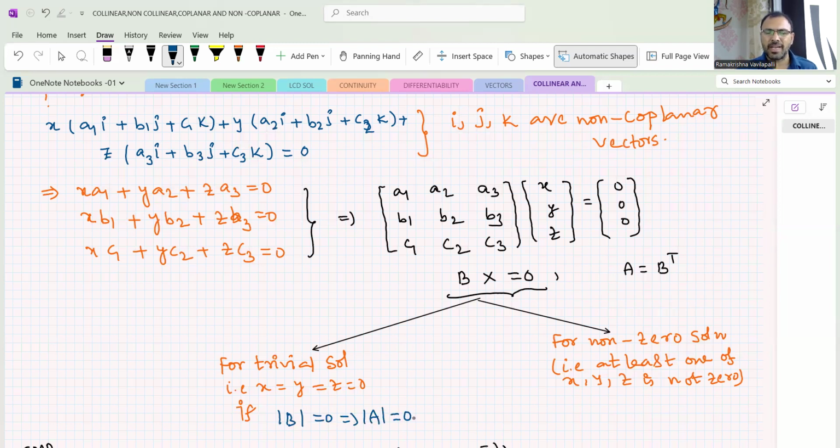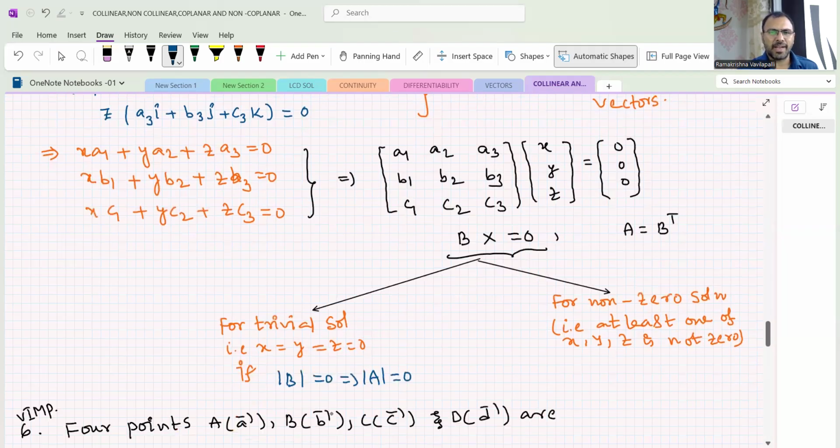Det A equal to det A transpose. So if det A not equal to 0, then the homogeneous system will have a trivial solution, that is, all variables equal to 0.